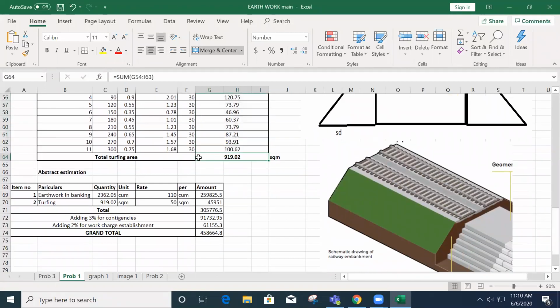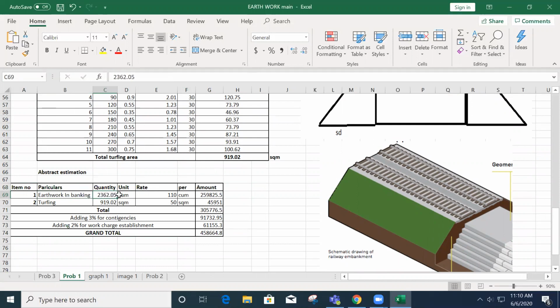So till here it is a detailed estimation. Now you have to put it in an abstract table. The abstract table remains constant throughout, whether it may be a building or steel, anything. It doesn't change. So item number, particulars, quantity, unit, rate, amount, everything. We have earthwork in banking.